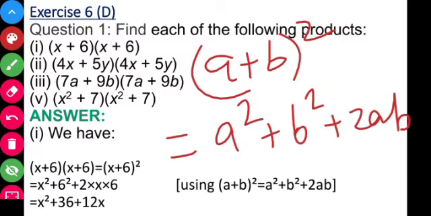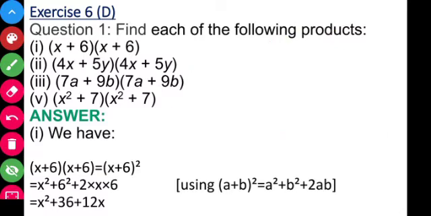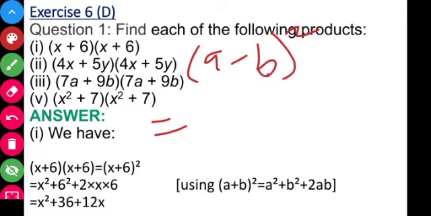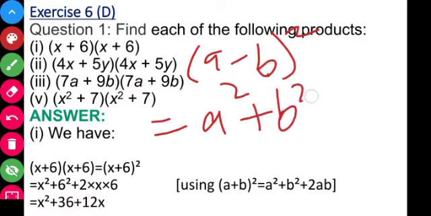If not learned, please learn this. This is an identity: (a plus b) whole square is equal to a square plus b square plus 2ab. Okay, this is the first identity. And second is (a minus b) whole square is equal to a square plus b square minus 2ab.